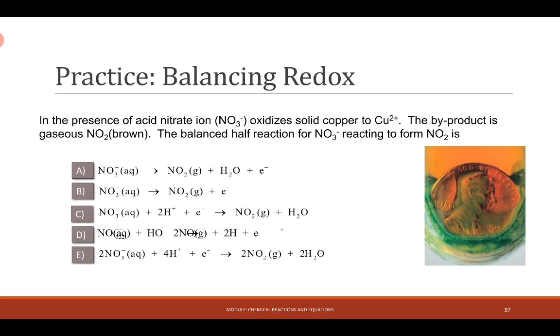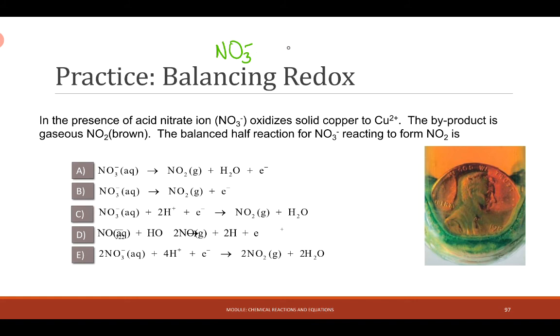The balanced half reaction for NO3 nitrate to form NO2 is blank, and then you have to work it out. That arrow is misplaced, isn't it? So that looks weird. I'll figure out what's up with that soon. But we can balance this just from the description. Pause the video at any point if you want to work out on your own.